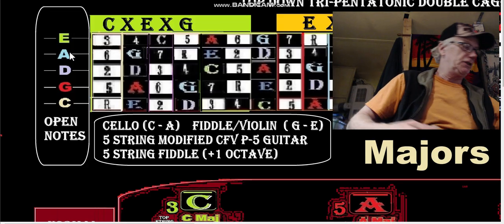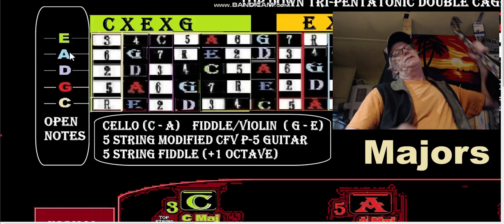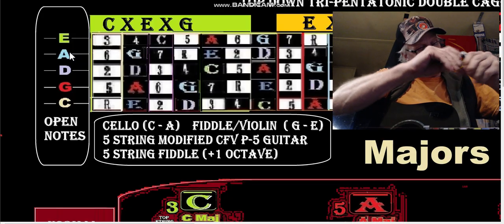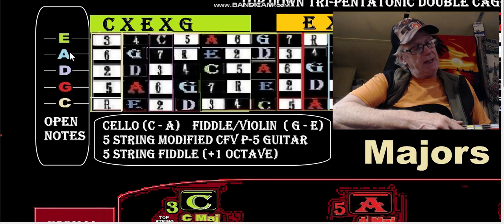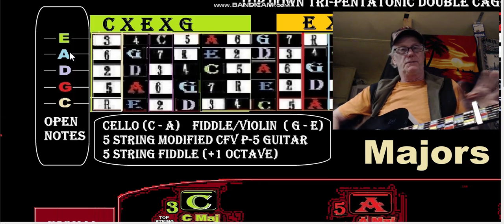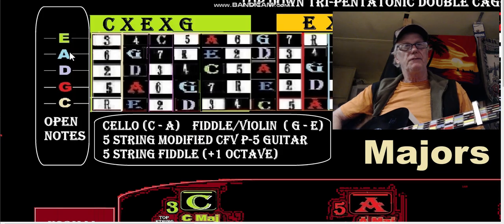Now on the guitar, we've got E, A, D, G, B, E. So I'm going to put my capo here because my guitar happens to be down tuned. That's how I got comfortable with the 5-string CFV P5 guitar.